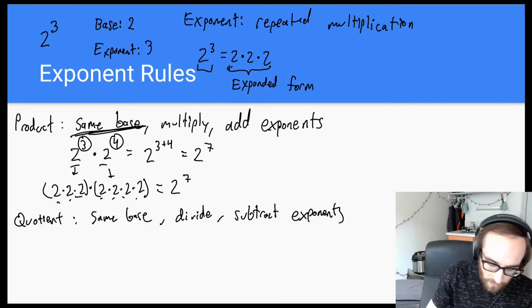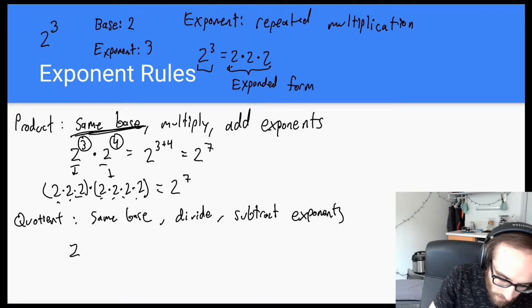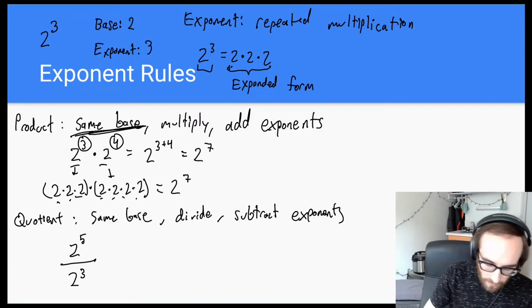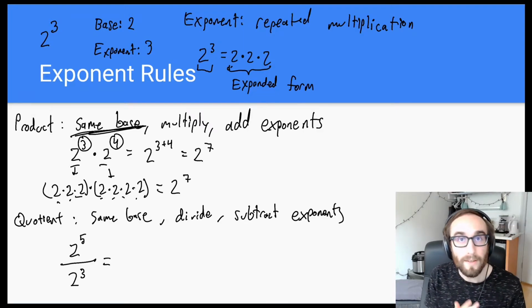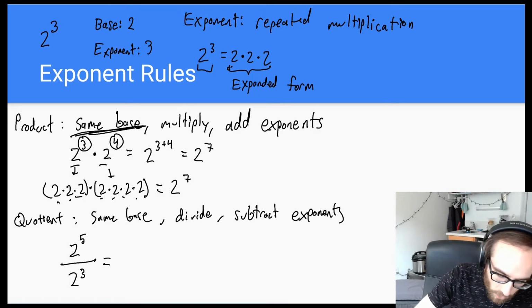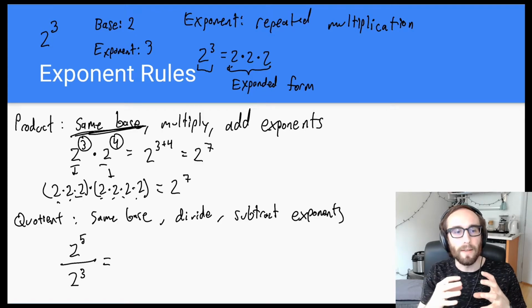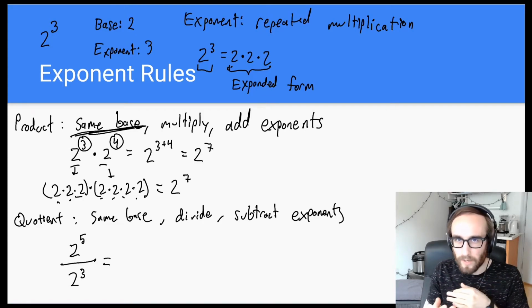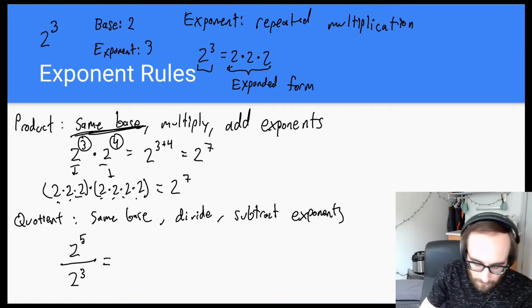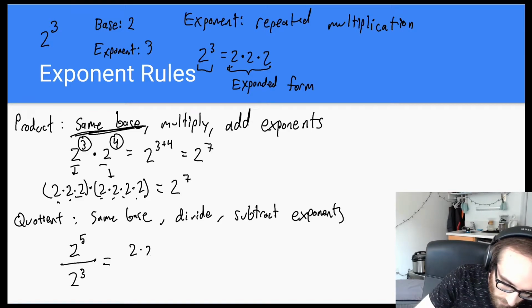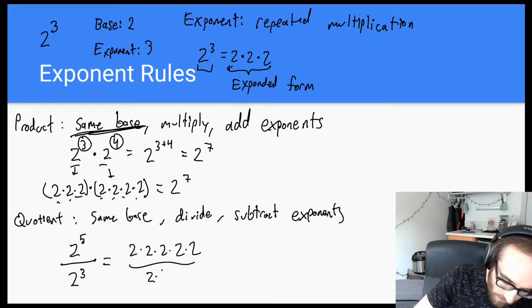So for example, if we have 2 to the 5th power divided by 2 to the 3rd power, we can rewrite this in expanded form. If you're ever unsure, a good step is to rewrite it in expanded form, and then it makes it a little bit more clear if we can multiply or divide. So here we have 2 times 2 times 2 times 2 times 2, all over 2 times 2 times 2.